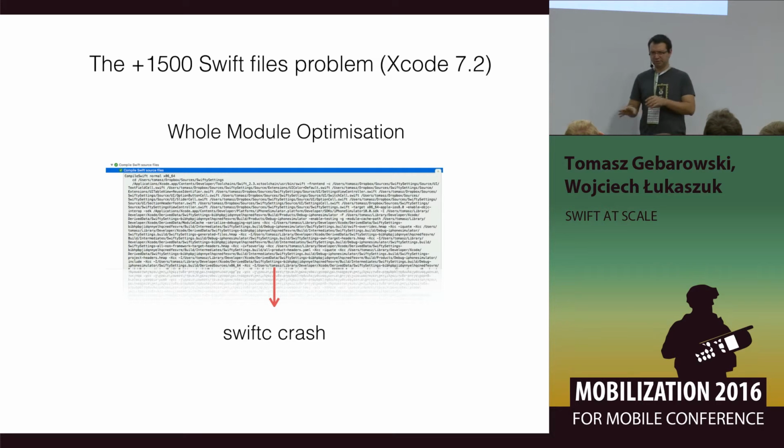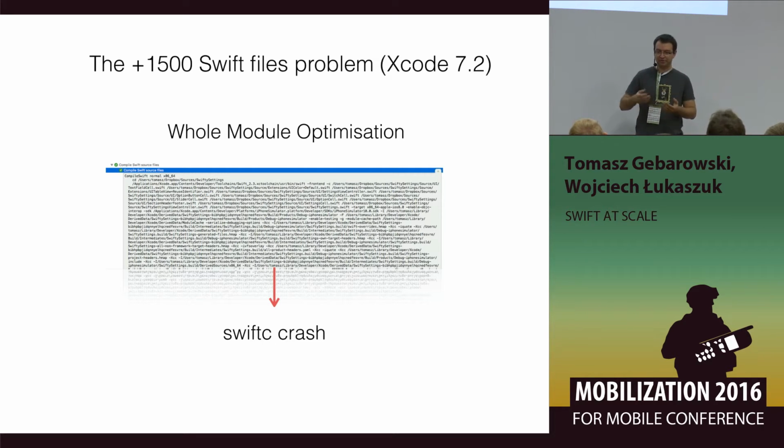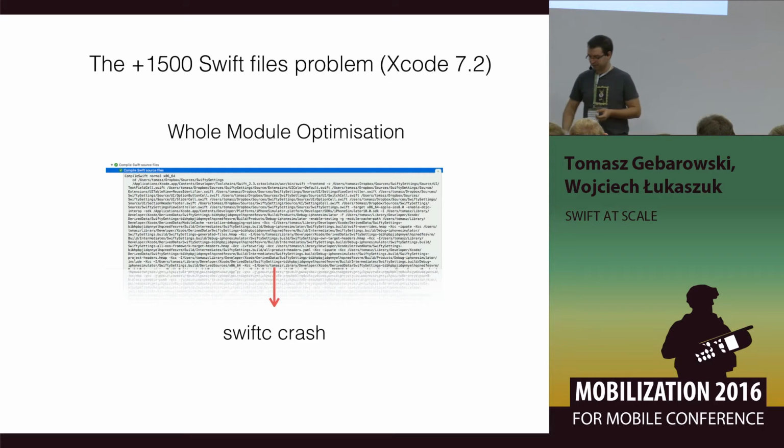And it was not the problem with the long argument list or the command line length in OS X. It was another problem. We noticed that when the number of arguments is long enough, Swift-C simply crashes and it's not invoking anything. It simply crashed with segmentation fault.